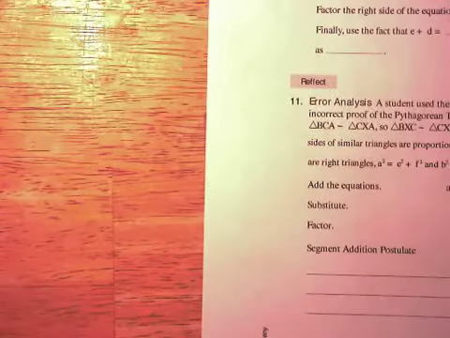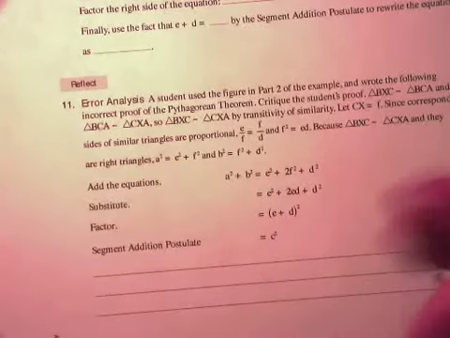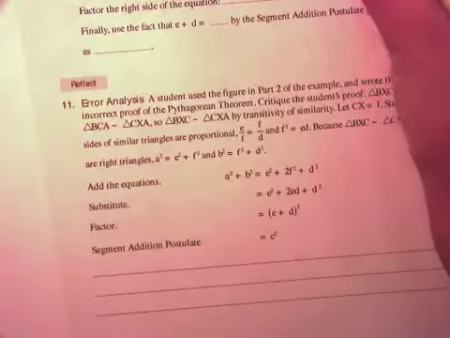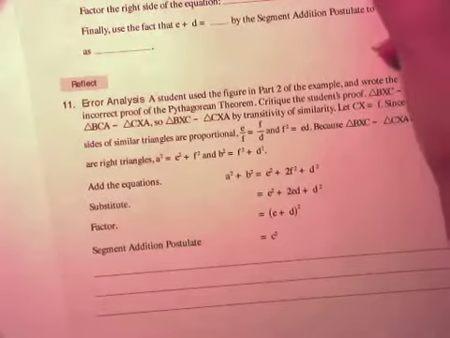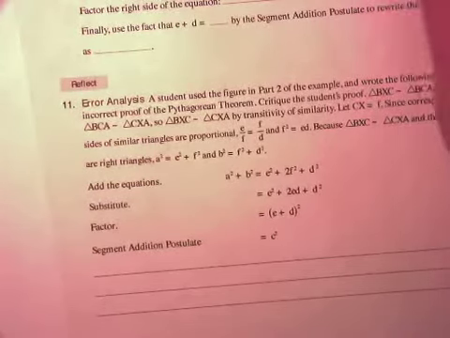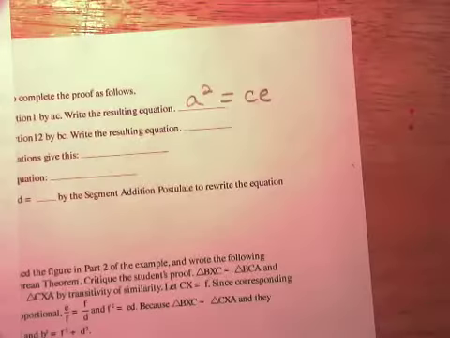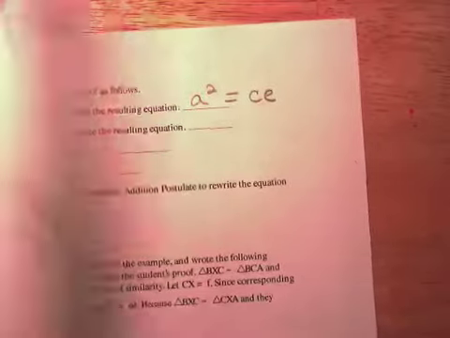Let's just cross-multiply. We end up with a squared equals CE.